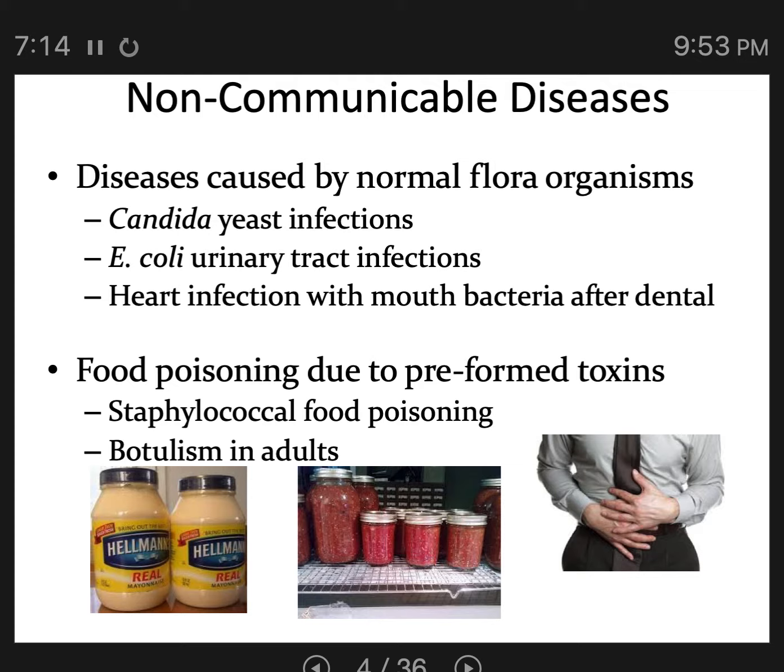So in the case of staphylococcal food poisoning, the staph can contaminate the food, but the staph is destroyed or killed at cooking temperature. So you cook the food, the staph is killed, but for some species, the toxins they leave behind are not broken down at cooking temperatures. And in that case, the food could be cooked. The person ingesting it would still get this stomach upset from the toxins left behind by the staphylococcus.